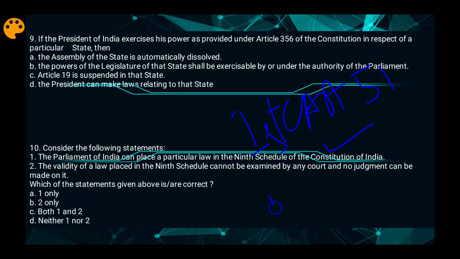But in the 1973 Kesavananda Bharati case, the Supreme Court ruled that any law added to the 9th Schedule from that day onwards is subject to judicial review. So the second statement is wrong, the first statement is right. Option A is the right answer for this question.